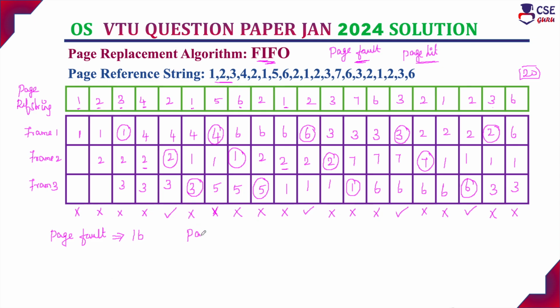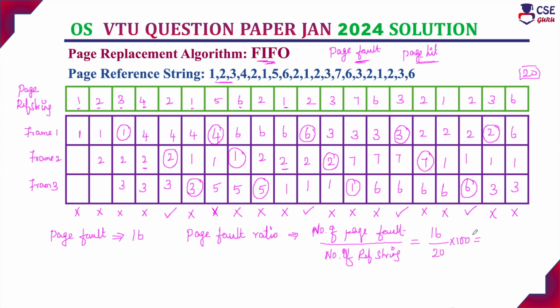So the page fault ratio is the number of page faults divided by the number of reference strings. The number of page faults is 16 divided by the number of reference strings given here, 20, into 100. So what is the percentage you will get? It is 80%. So the page fault ratio is 80%.